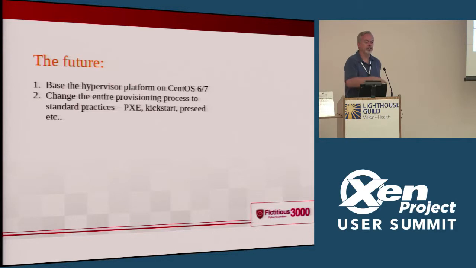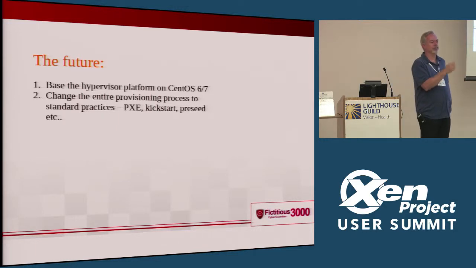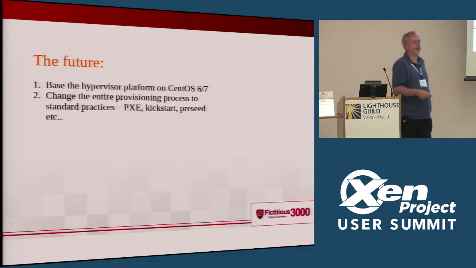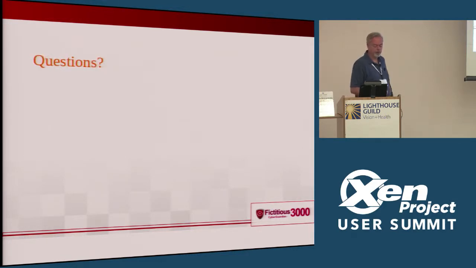As I was developing this product, I was watching the progress of Xen Cloud Platform or Xenserver in RPMs, waiting and hoping that it would come along before we got to that part. And it just didn't, so we did it the way we did. So that changes the entire provisioning process to standard practices with Kickstart and Preseed, or whatever we decide to build the platform off of. Are there any questions?